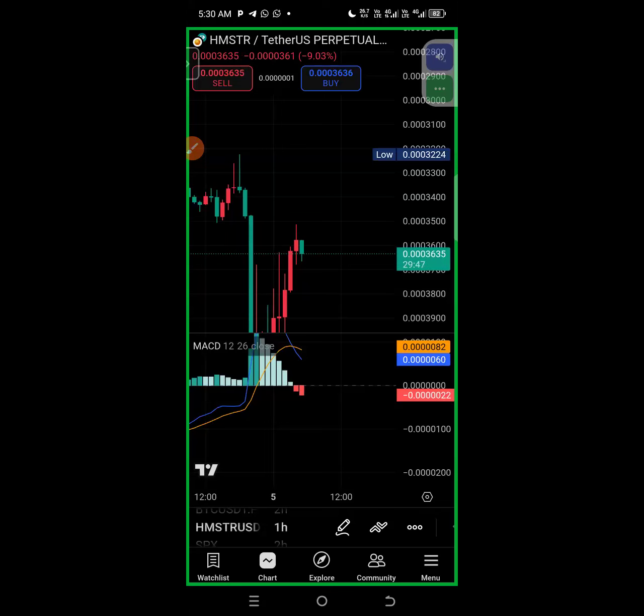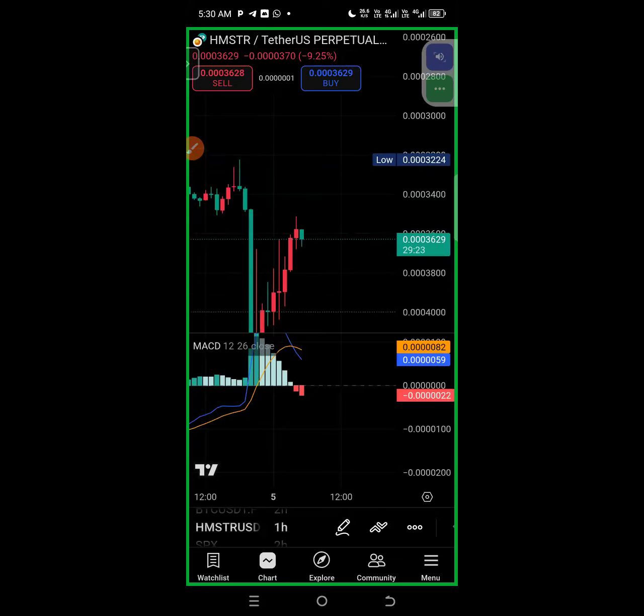MACD is a trend line indicator as well as a momentum indicator, which gives traders a well-defined way to identify both the trend and the momentum, either weak momentum or strong momentum, right?